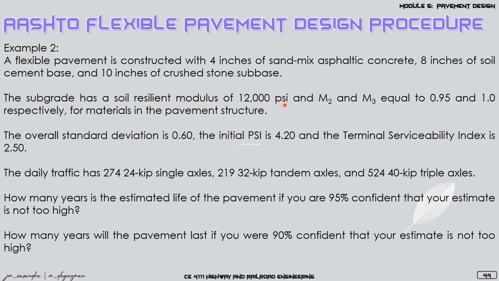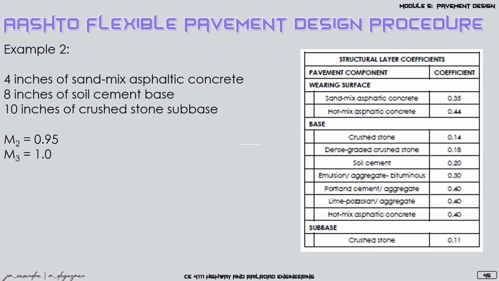So in this case, given the thickness for all our layers, we are not going to assume the structural number anymore because we can solve for Sn. Given now 4 inches of your wearing surface, 8 inches for the base, and 10 inches for the crushed stone.